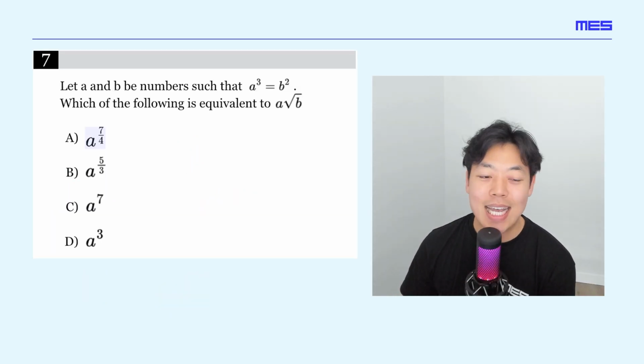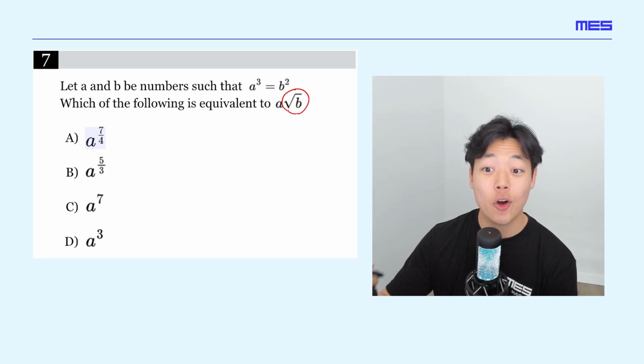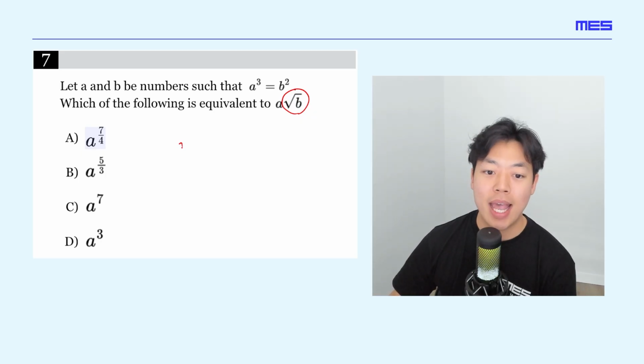Number 7. Let a and b be numbers such that a cubed is equal to b squared. Which of the following is equivalent to a square root b? Notice how all the answer choices here are in terms of a. So we want to change this radical b to be in terms of a. So you have a times the square root of b, which is b to the 1/2 power.